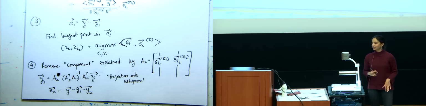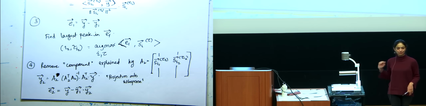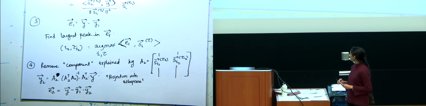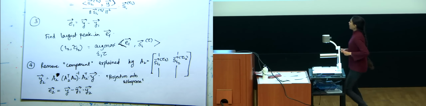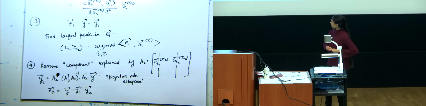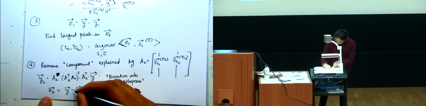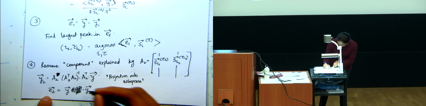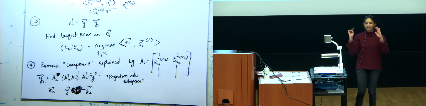Sorry, I was just writing too fast. I think I wrote the transpose here instead of the inverse. I apologize. Everyone catch that? Yeah? Actually, you're right. We should be doing that. That was another typo. My notes here say the right thing. Okay. We're subtracting the component in both directions.